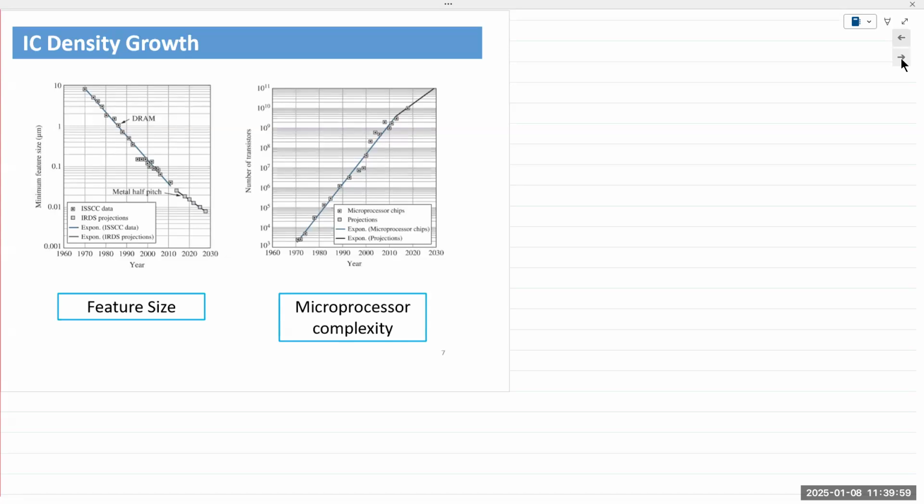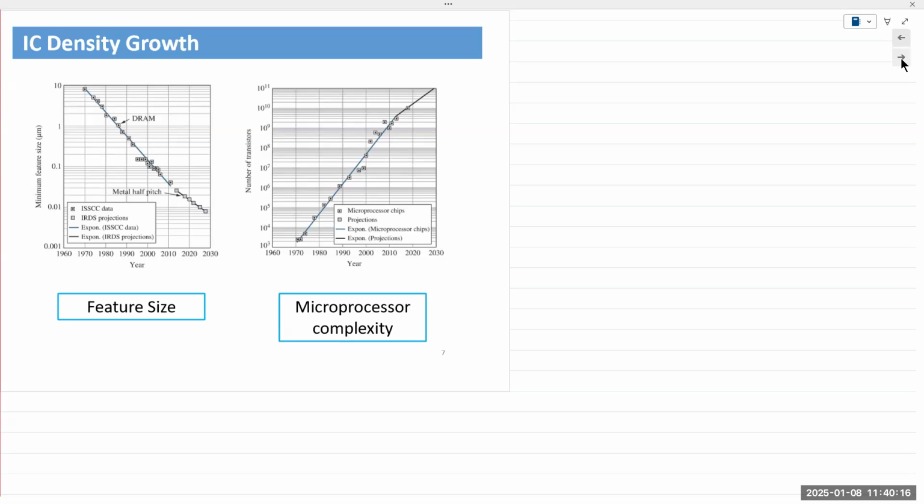And so he predicted that the number of transistors that they could fit in a microchip of the same size would double every 24 months. And that came to be known as Moore's law.